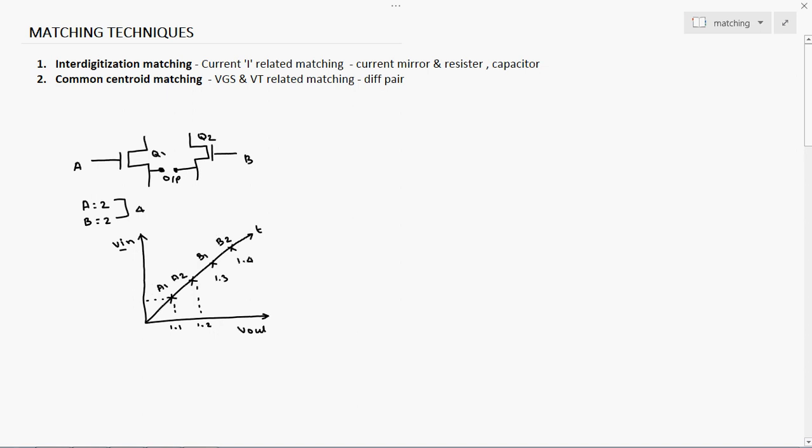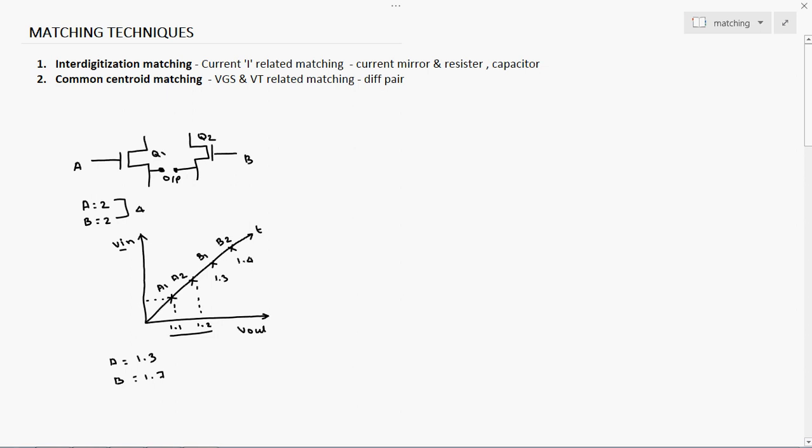So the average time of A is equal to 1.3 milliseconds, and the average time of B is equal to 1.7 milliseconds. If you are giving the input to the A transistor, we will get the output after a 1.3 millisecond delay.